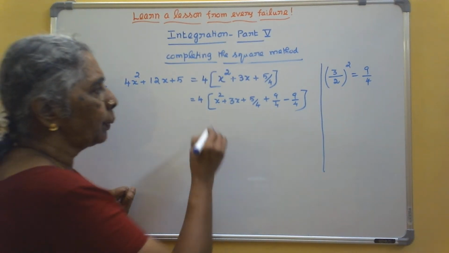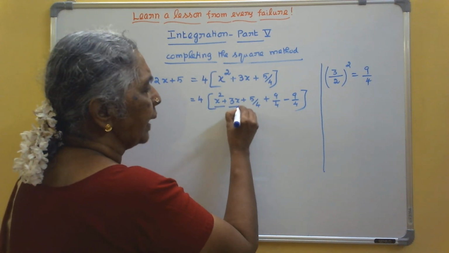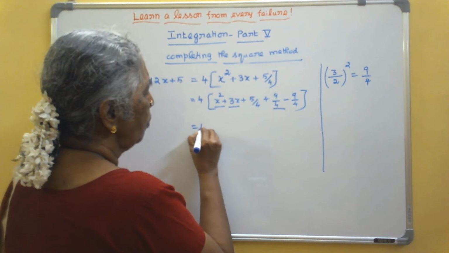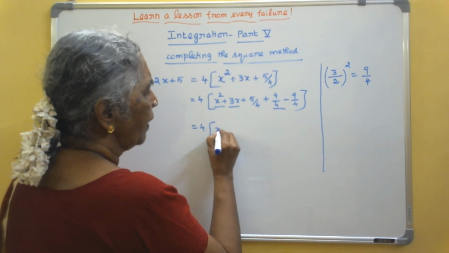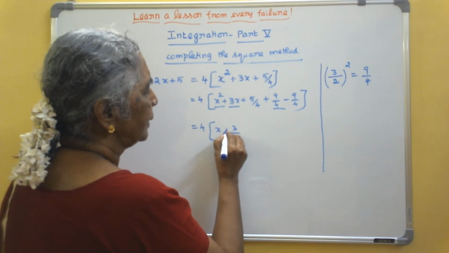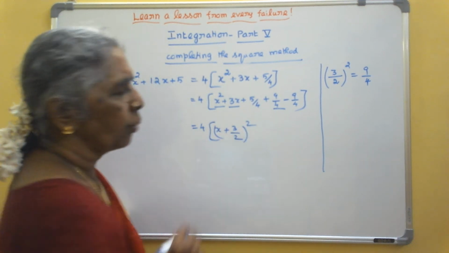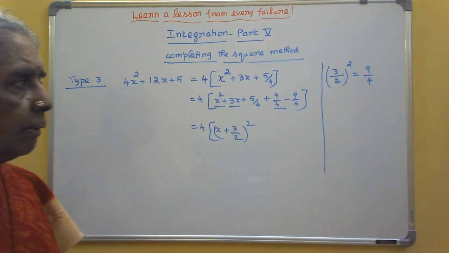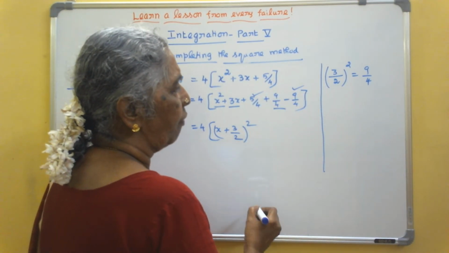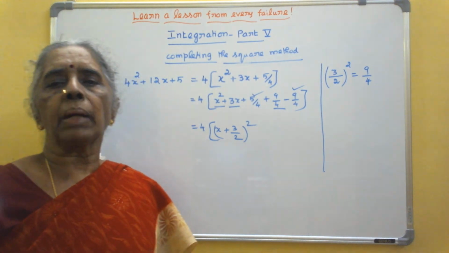Now, as usual, take this term, x term, and that positive square you have added. So, now you will get square root of x squared is x. Square root of this is 3 by 2 plus sign here. So, the whole square. Okay. Then, you have 5 by 4 and minus 9 by 4. So, you will get a minus 1 there.